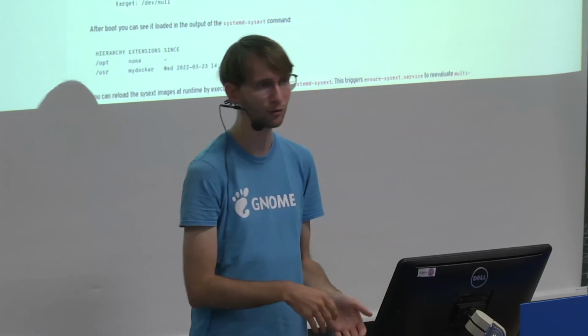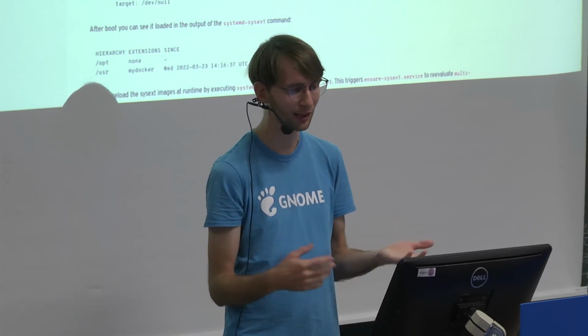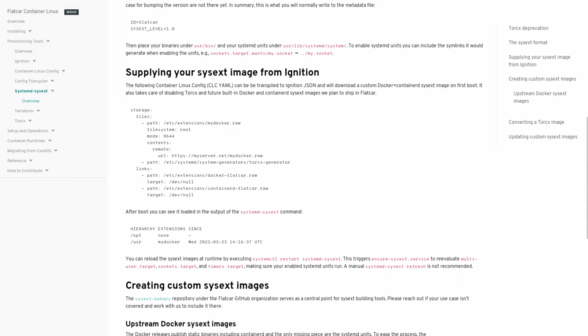You can copy it over to your instance and run sysext, but what we normally do is we have some Ignition configuration. So here it's the CLC YAML format that gets transpiled to Ignition, and we say, okay, we have this sysext image maybe hosted on some server, and it should be downloaded to this path /etc/extensions on the first boot.